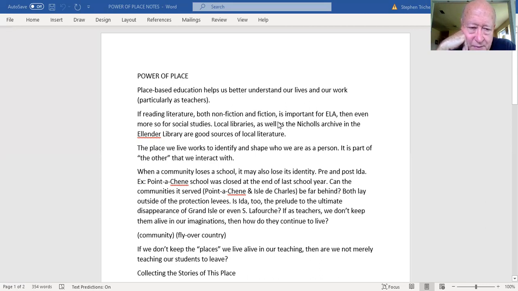A lot of this is about people, but it's also about place. It's about our geography, our sense of safety within a place, our ability to thrive as human beings.